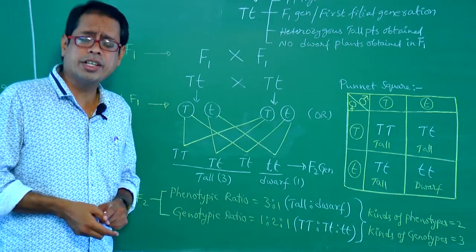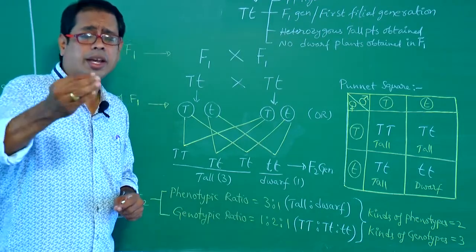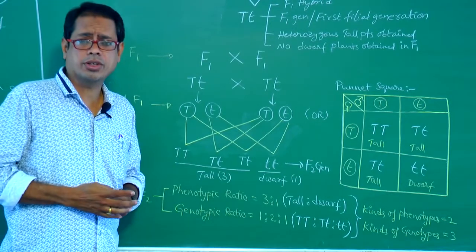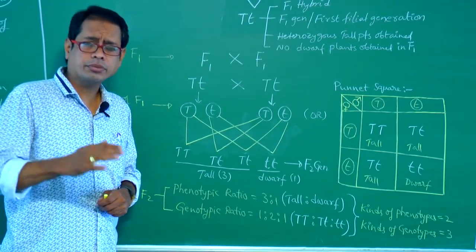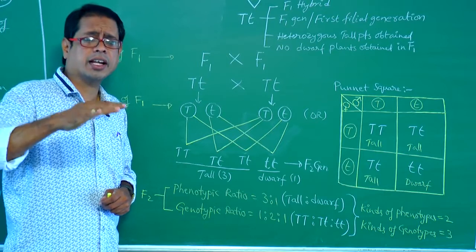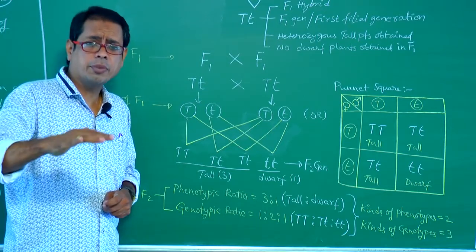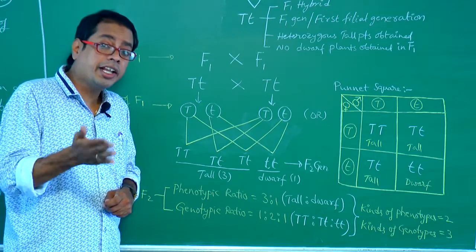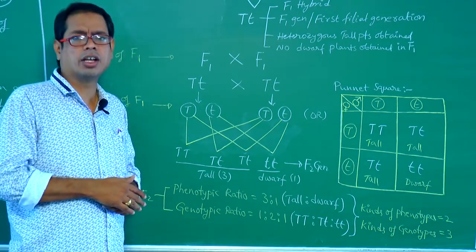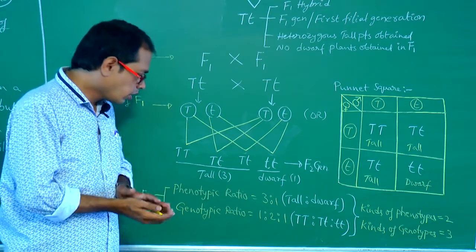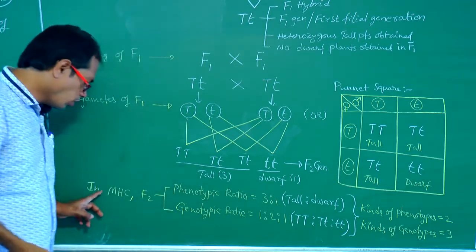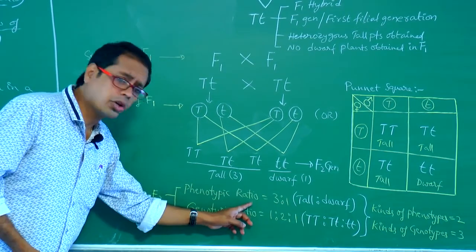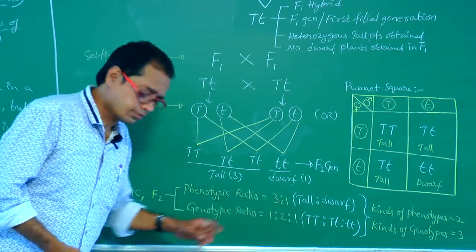Tall and dwarf is nothing but external appearance. What is the phenotype? The external appearance of a trait is called phenotype. The genetic makeup of a trait is called genotype. So, in monohybrid cross, F2 phenotypic ratio is 3:1.